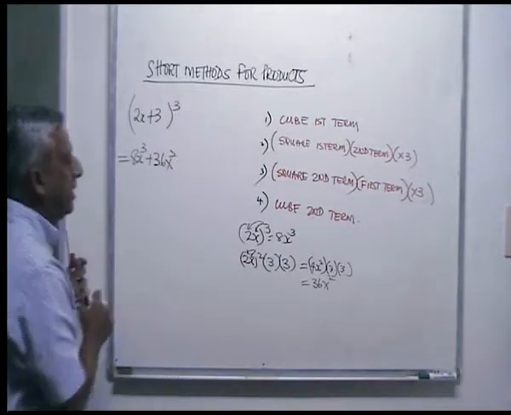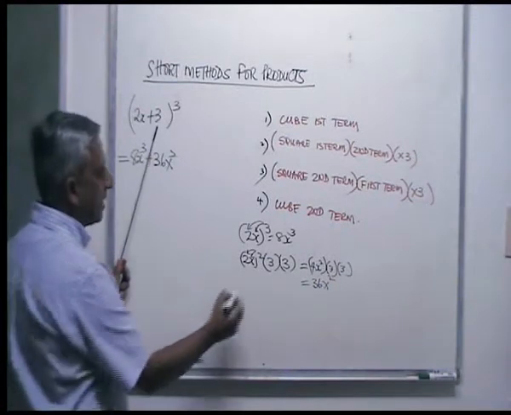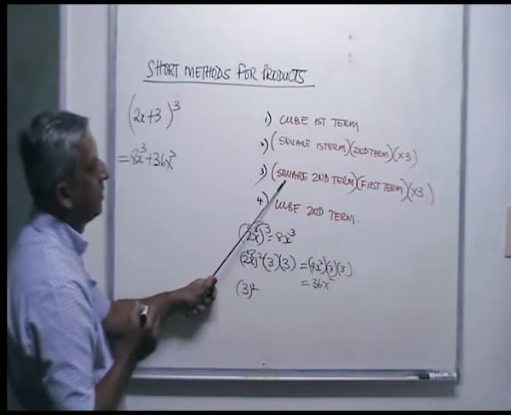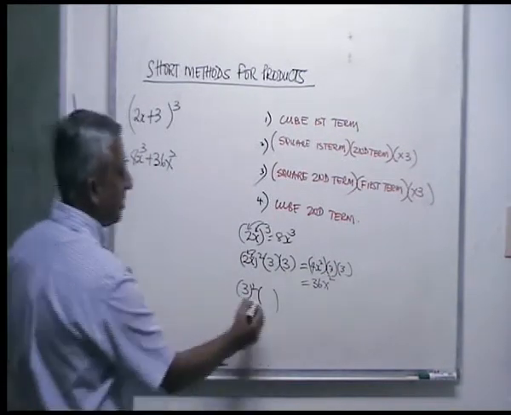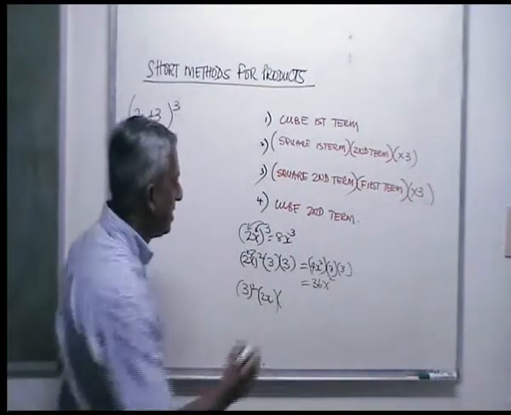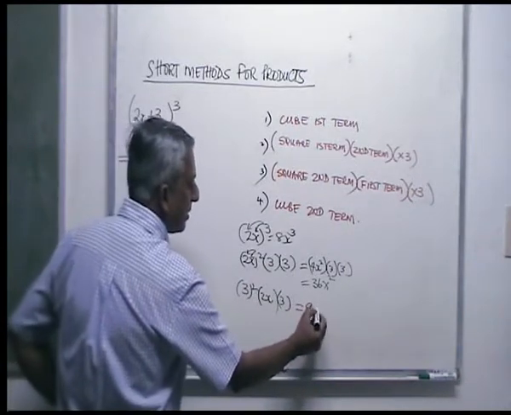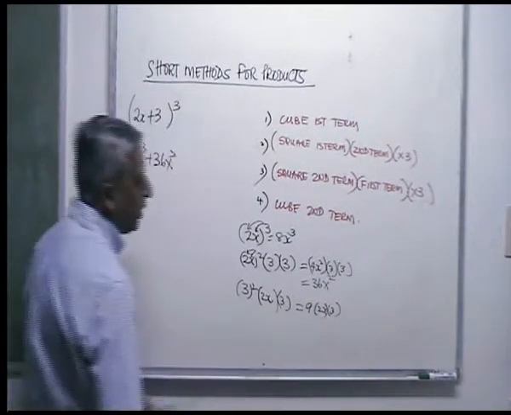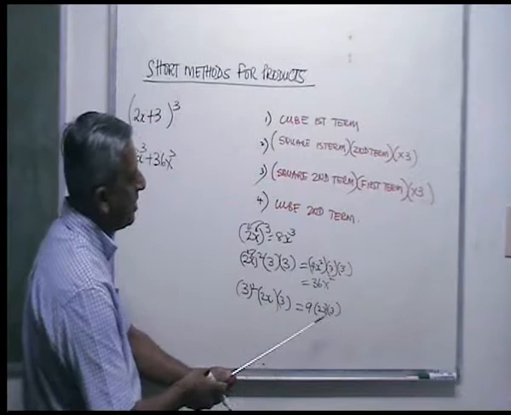Then the next step says: square the second term, multiplied by the first term, which is 2x, and then multiplied by 3. If I square 3, I get 9 times 2x times 3. 9 2s are 18, and 18 times 3 is 54.